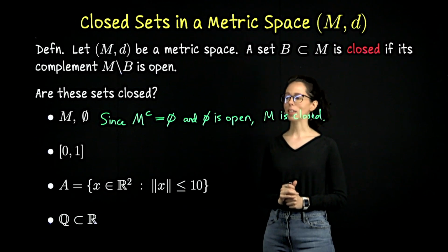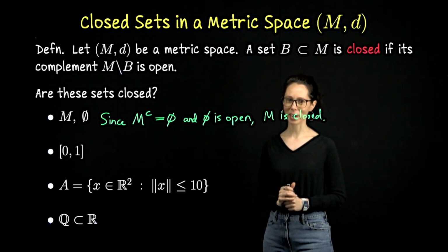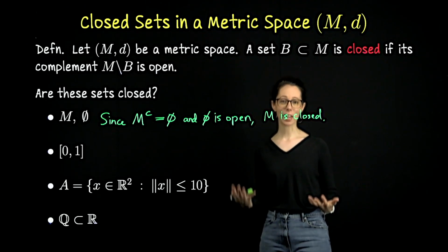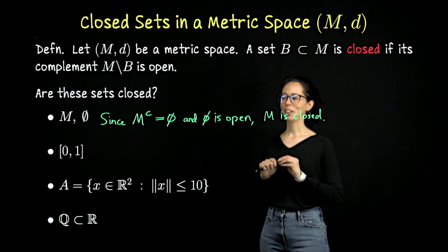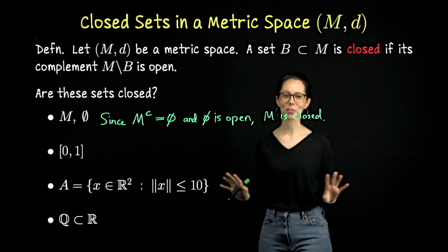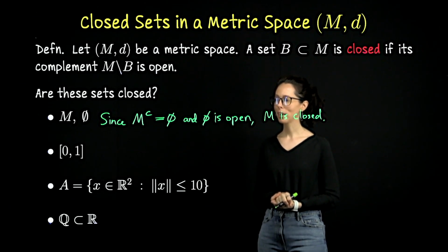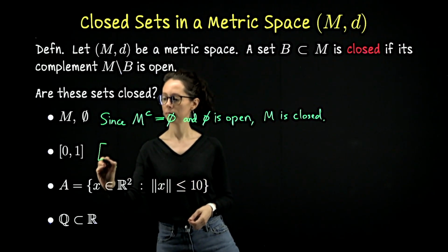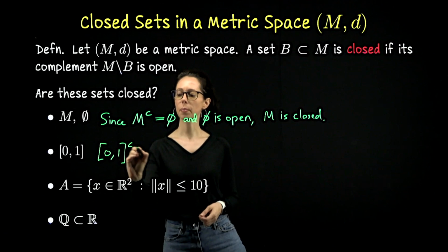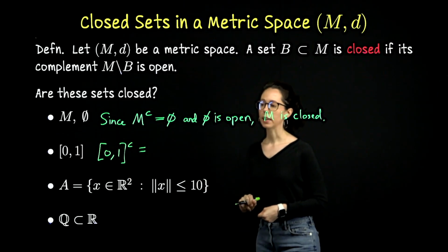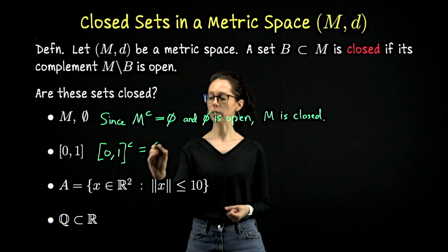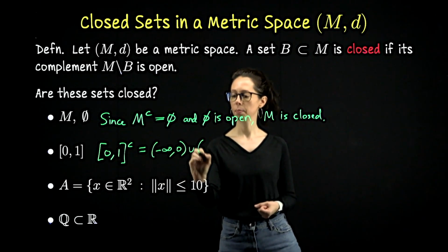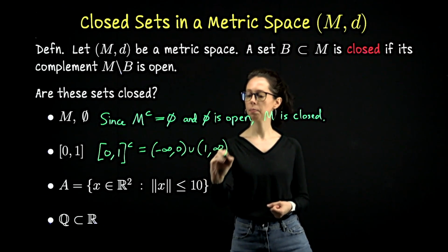Let's look at the second example. This is the interval from 0 to 1, including the endpoints. I'm trying to avoid saying the phrase closed interval, although it turns out it is closed. As soon as I'm done with this, we can always call closed intervals closed. What is the proper argument? The complement of this set is the union of 2 open intervals: negative infinity up to 0, but not including it, union 1 to infinity.